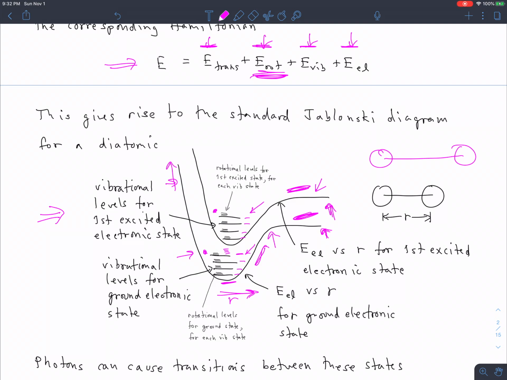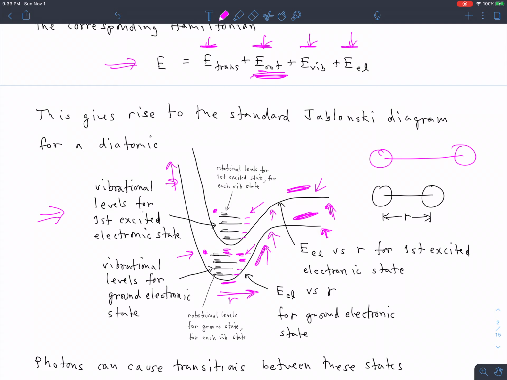We'll look at the electronic manifolds in this experiment, and we'll look at the vibrational manifolds as well, but our spectrometer doesn't have enough resolution to resolve these rotational states. It takes a very high resolution spectrometer to see those, and probably you have to go to low temperature too.